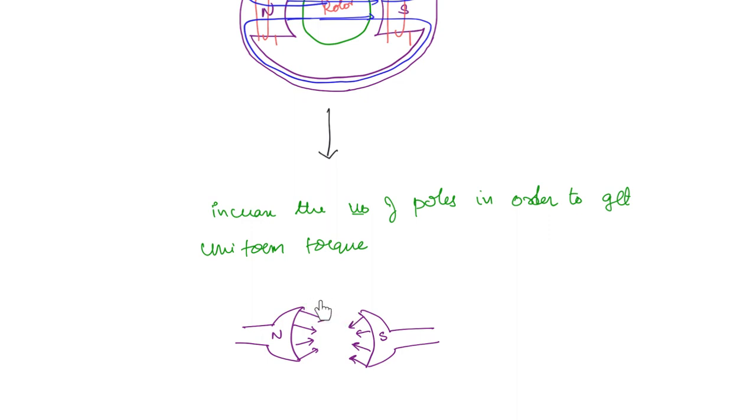But this is the area where there is no pole, right? And if the coil is present in that area, then it is not going to experience much torque. In order to avoid that, we place more number of poles. So this is how we can obtain uniform torque.